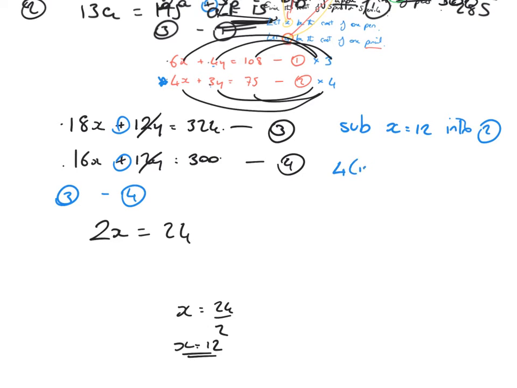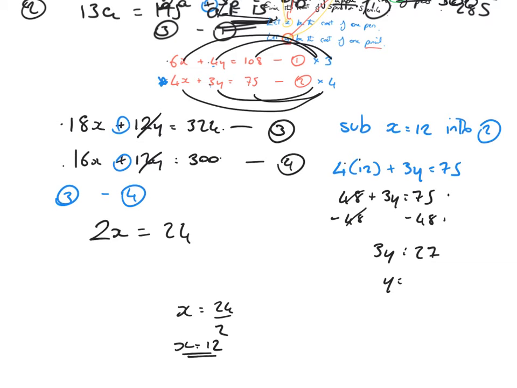So it's going to be 4 lots of 12 plus 3y equals 75. 4 12s, that's 48. 48 plus 3y equals 75. It's then going to be 48 off both sides. 3y equals 75 take away 48, take your time, that's 27. Bring the 3 down and divide, and that's going to be 27 over 3, and y is equal to 9.